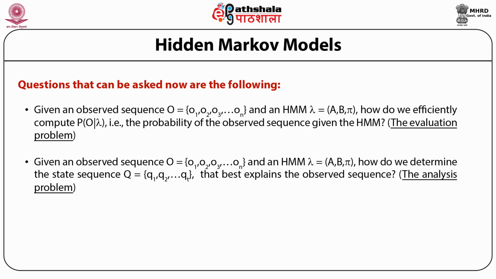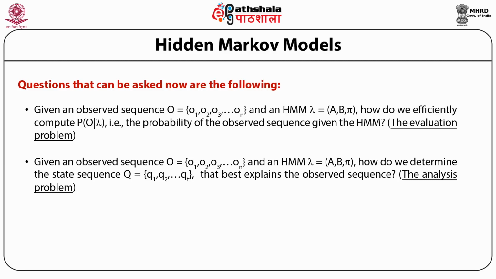I might have a very complicated hidden Markov model, but I'm asking, is there a Markov chain within it which is best capable of explaining, with the largest probability P(O|lambda), my observed sequence O? This is called the analysis problem.